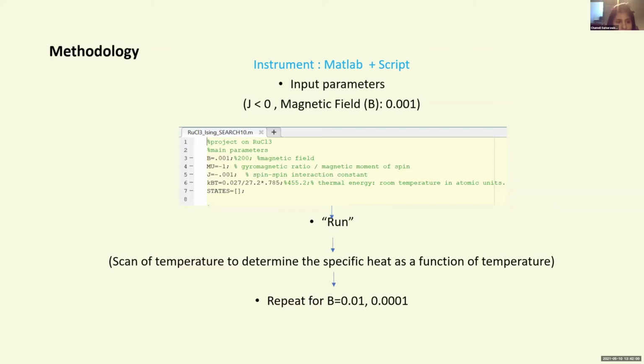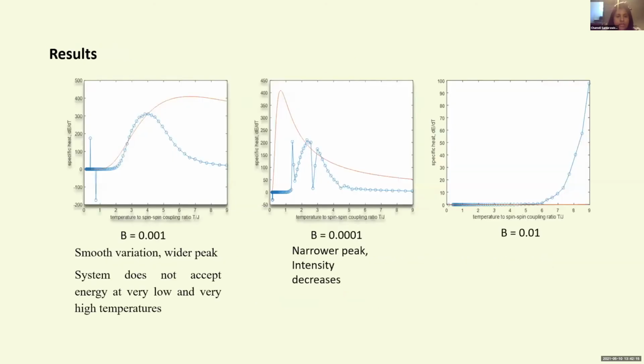After that, I set the external magnetic field B to 0.01 and 0.0001 and repeated the procedure. These are the results I got.